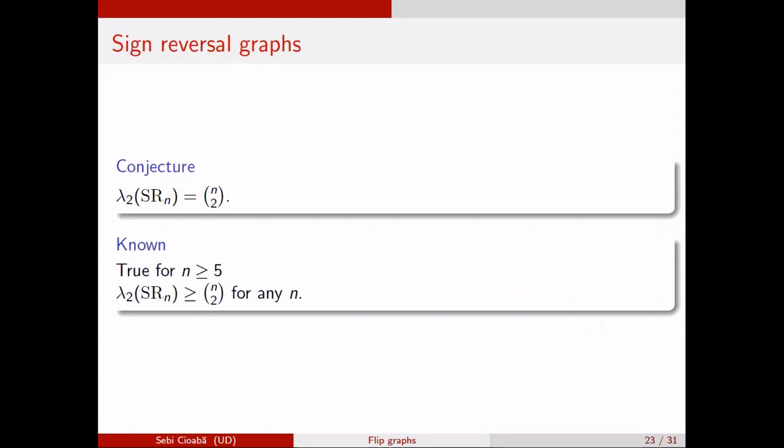And so you can do various equitable partitions for the sign reversal graph. This is one of them, and you get n choose 2 as an eigenvalue. You can compute several eigenvalues of this graph.